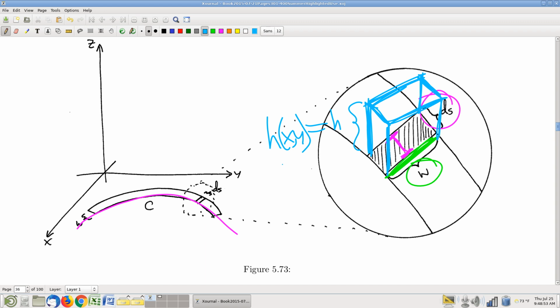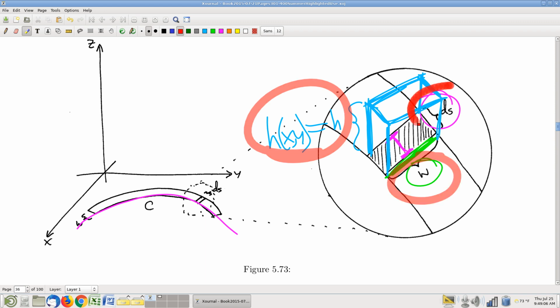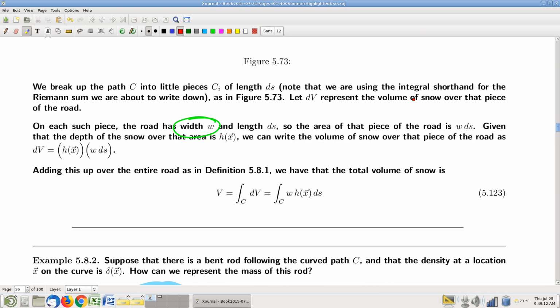So, how much snow you got? Well, the amount of snow that you have is this. We've got a little rectangular box of snow, and it is H times W times ds. So that's how much snow there is on each little piece, and we just want to add up W times H times ds on each little piece.